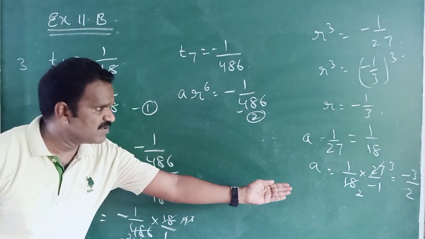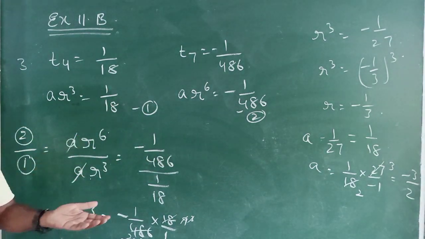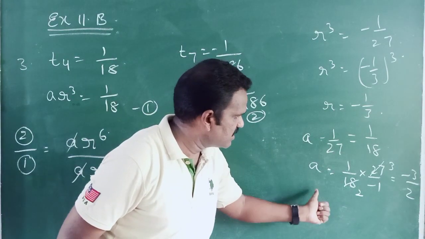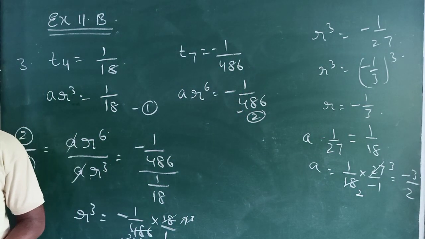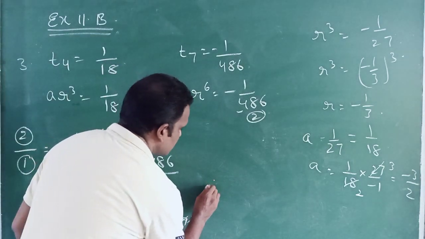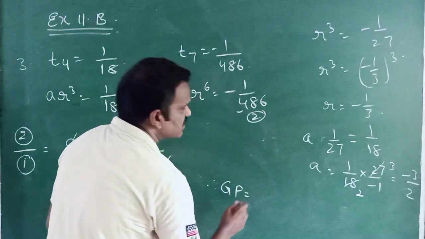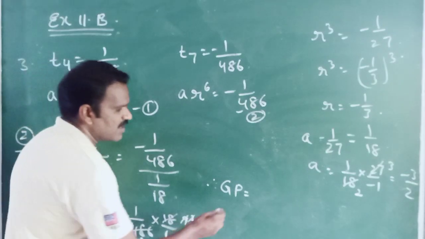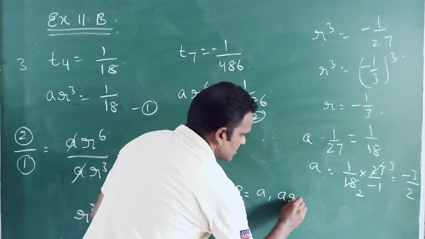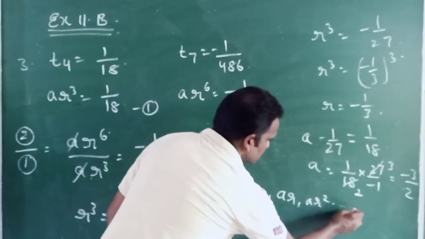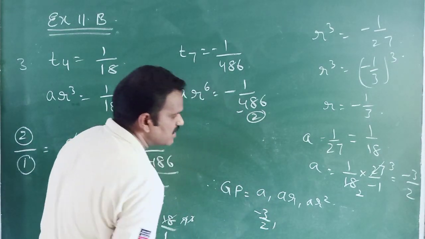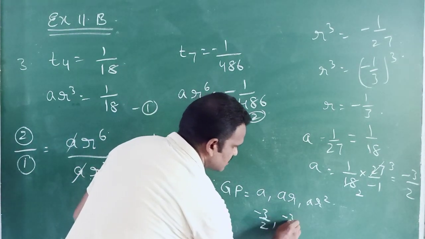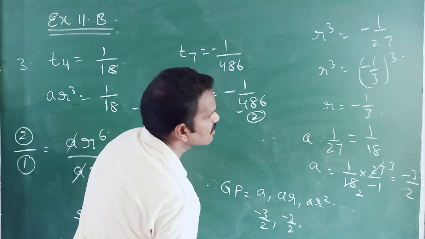So we are ready with the A value, we are ready with the R value. R value is minus 1 by 3, A value is minus 3 by 2. What is our question? Find the GP. So GP is equal to, what is the formula we will write? A, AR, AR square, etc. So A, what is A? Minus 3 by 2. What is AR? Minus 3 by 2 into R. What is R?